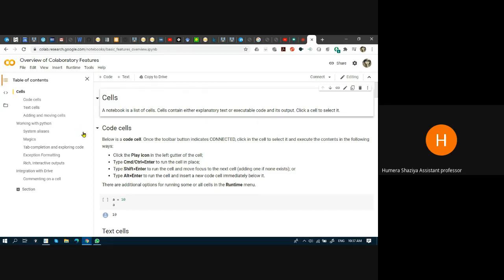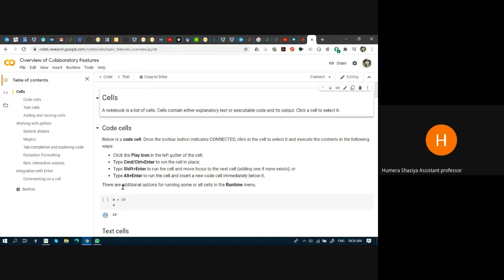And this cell can be executed in various ways. I'll show you how. One is by using the play icon, another is Control plus Enter to run the cell in place, Shift Enter to run the cell and move the focus to the next cell, and Alt Enter to run the cell and insert a new code cell below it.